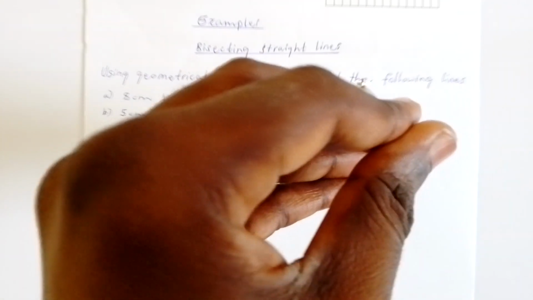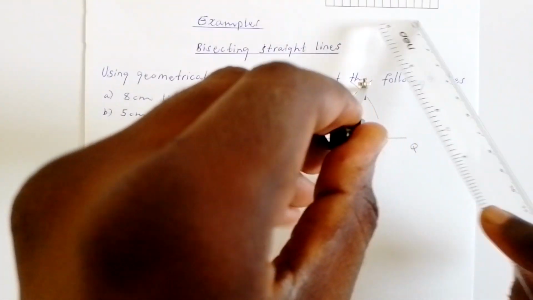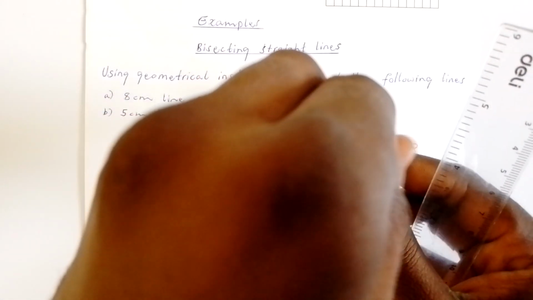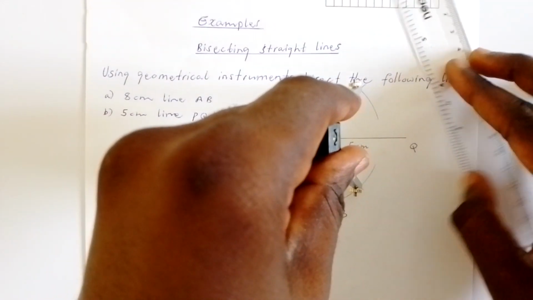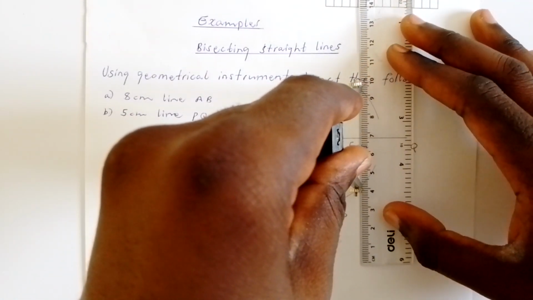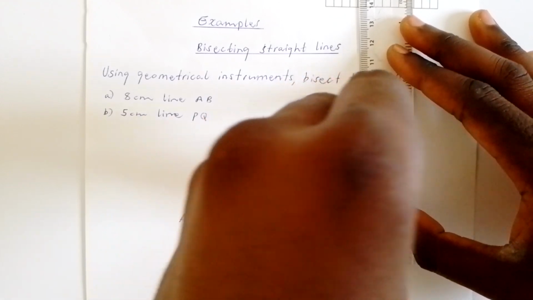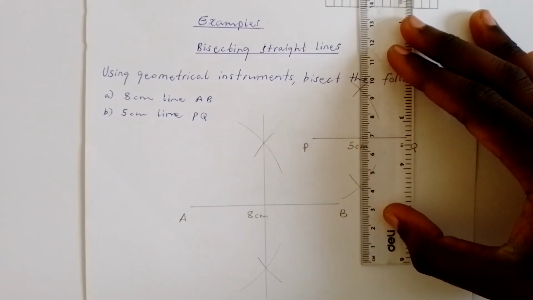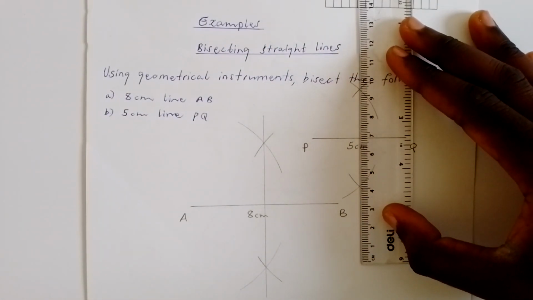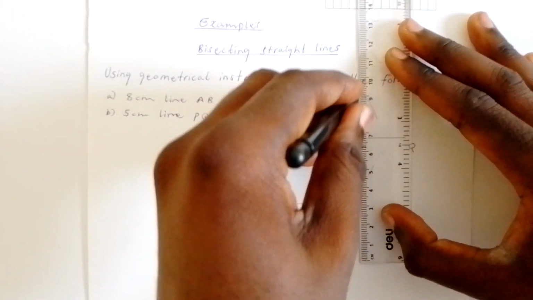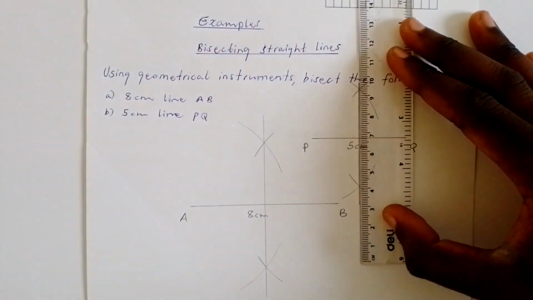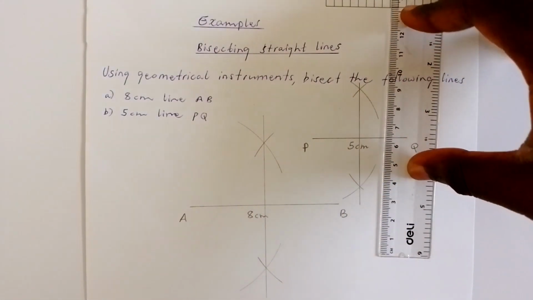Then you get your ruler. Like this. Then you get your pencil. So this is one of the work which this one does. You do that.